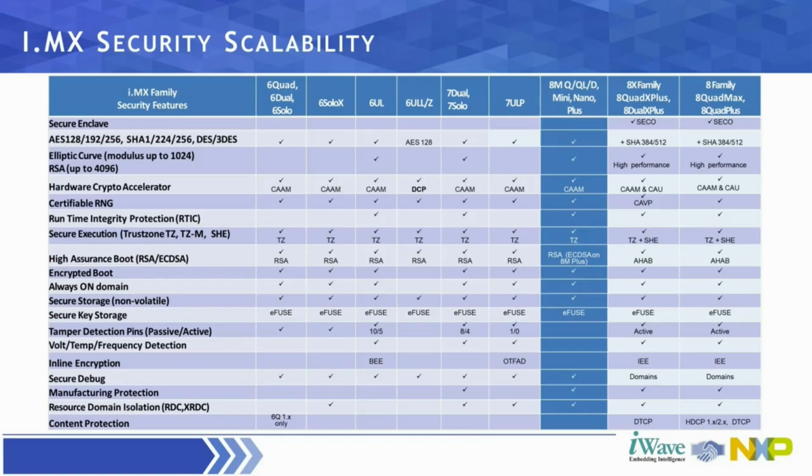Of course, we do have a secure boot that we call HAB, High Assurance Boot, that supports both RSA and ECDSA, as well as encrypted boot. We have secure storage. We have tamper detection, both for passive and active pins, but also voltage and frequency detection. We do have inline encryption, secure debug, manufacturing protection, and resource domain controller.